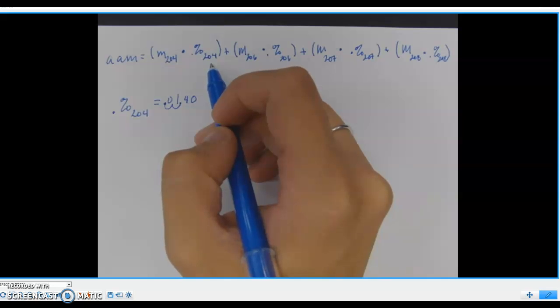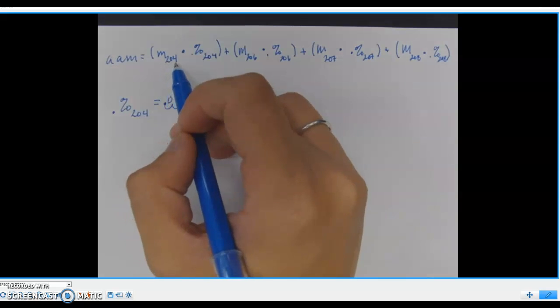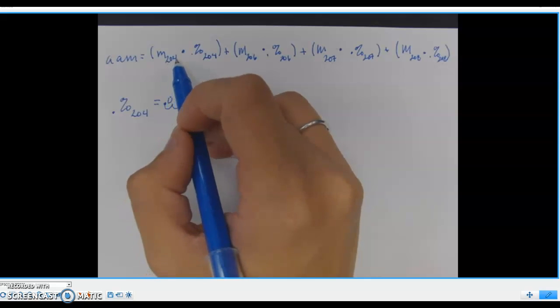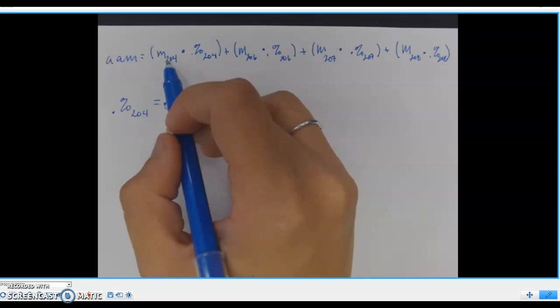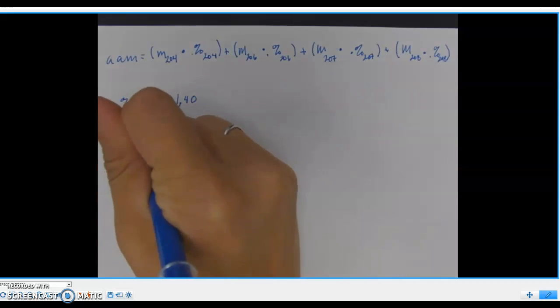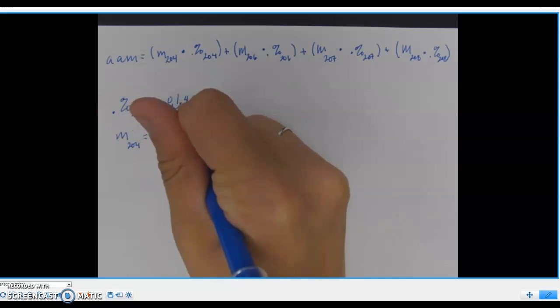This particular problem doesn't give us the exact atomic masses of our isotopes, so our best approximation for the mass is going to be the mass number provided. The mass of 204 is approximately 204 AMU.